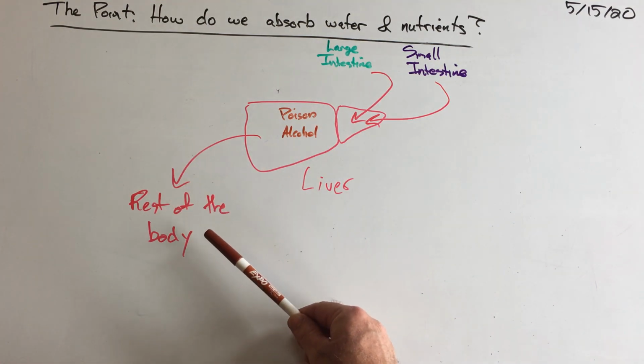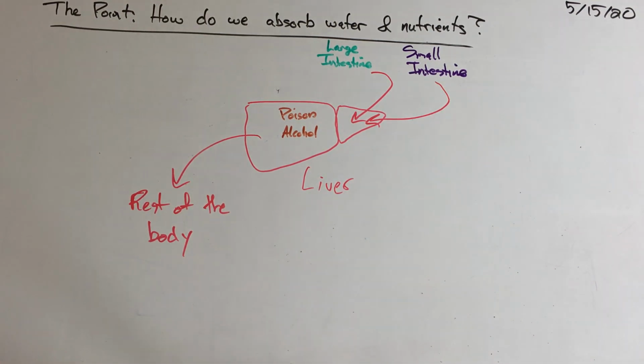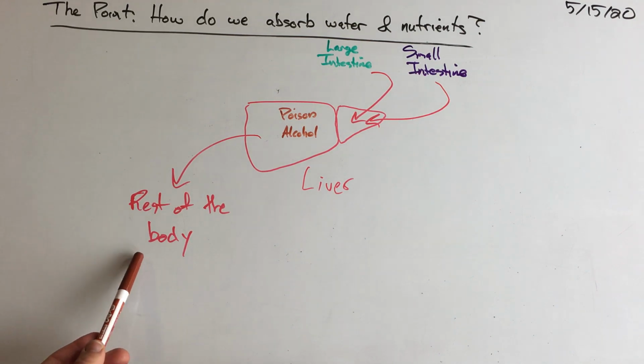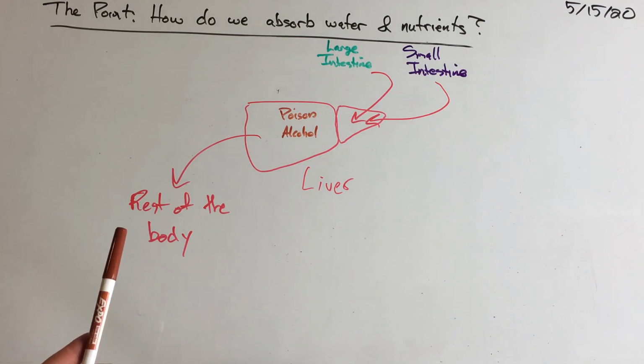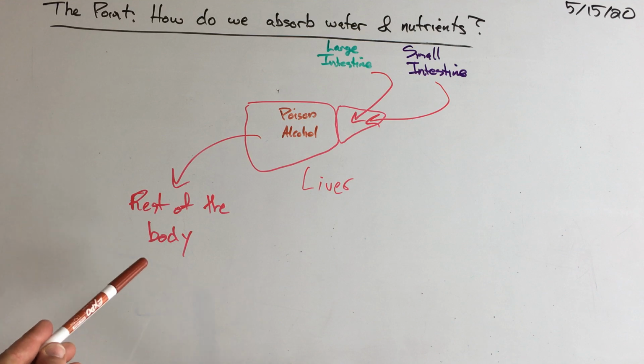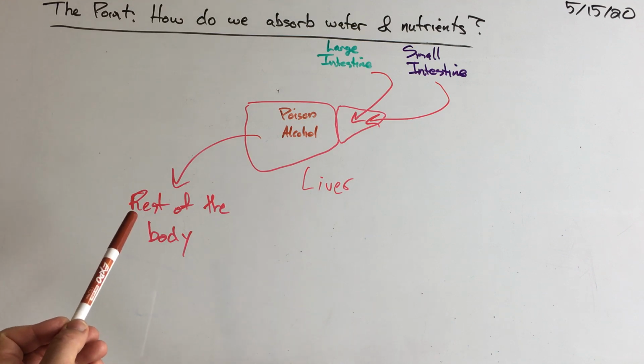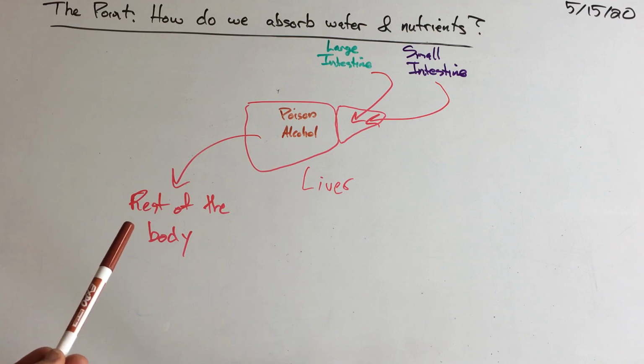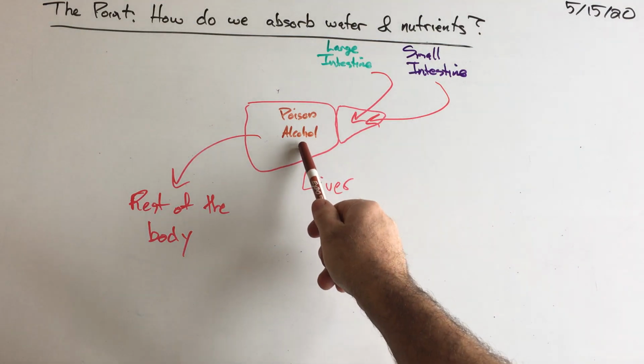Because do we want the alcohol in our brain? No. Do we want it affecting our heart? No. When the alcohol does affect our heart, that's called alcohol poisoning. And you get to go to the hospital, hopefully, because if you don't, you die. So be careful with this, right?